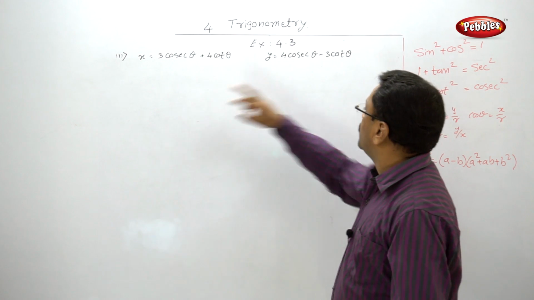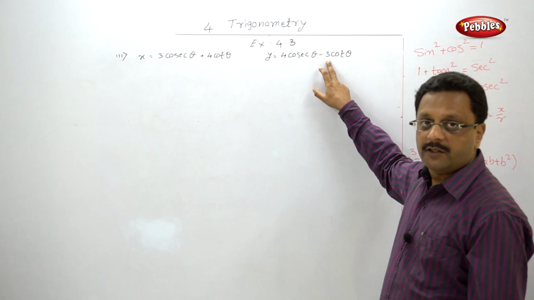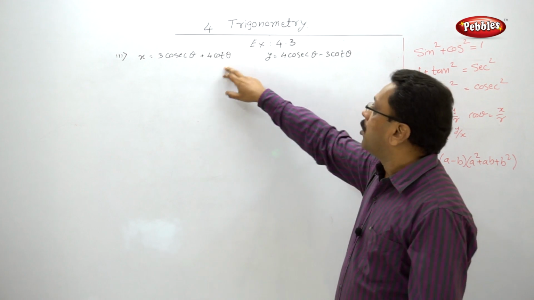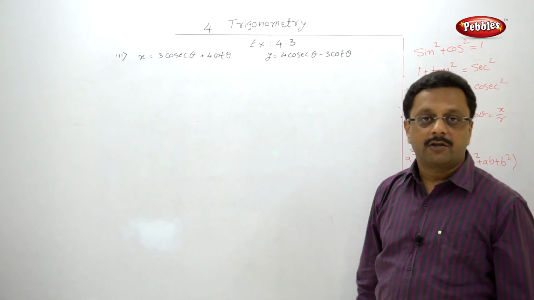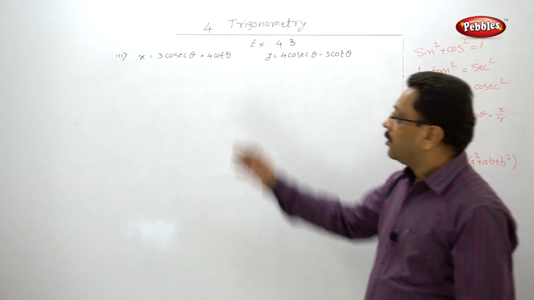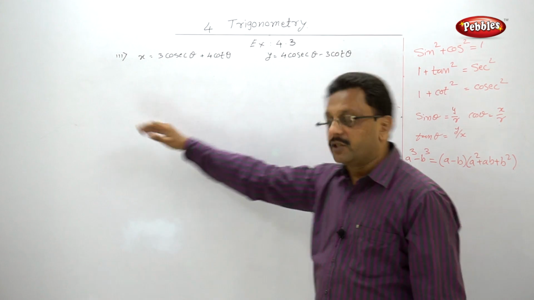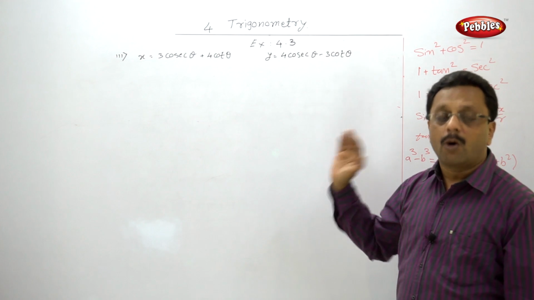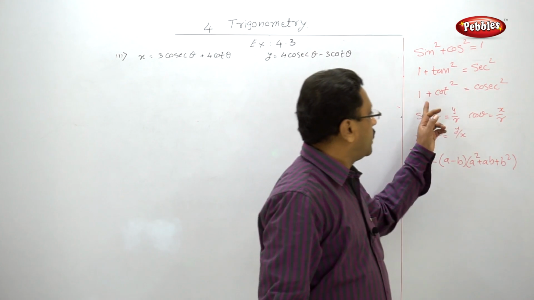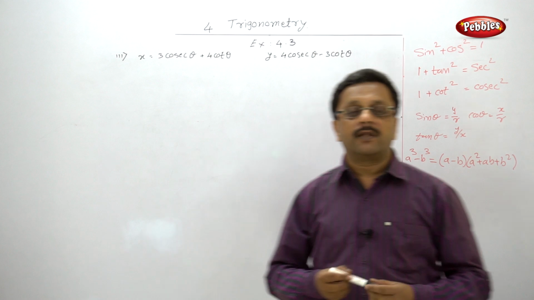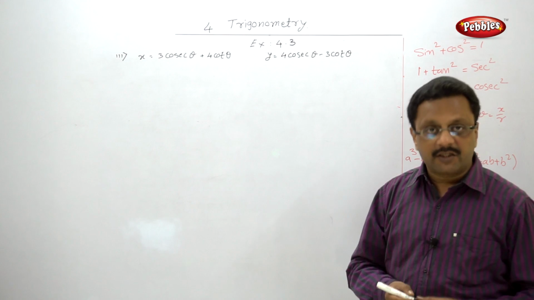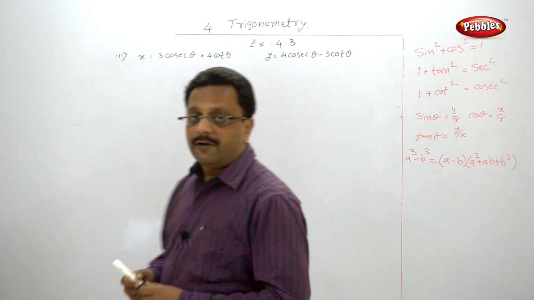Then multiply the first equation by the coefficient of cot theta, 3, and the second equation by 4, and cot will be the same, eliminate, and you will get the cosec theta. Now in this equation you have only cosec theta, in this equation you have only cot theta. Square both the sides and then subtract, and you will get cosec square theta minus cot square theta equal to 1, and at last theta will be eliminated. Very simple example. Please pause your video here and try to solve yourself.